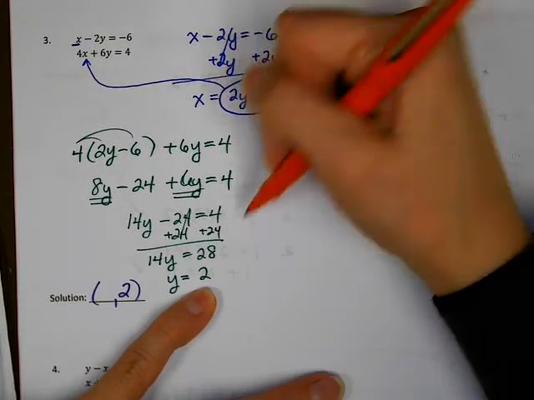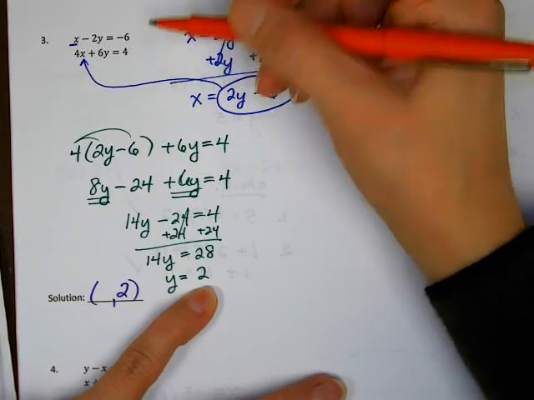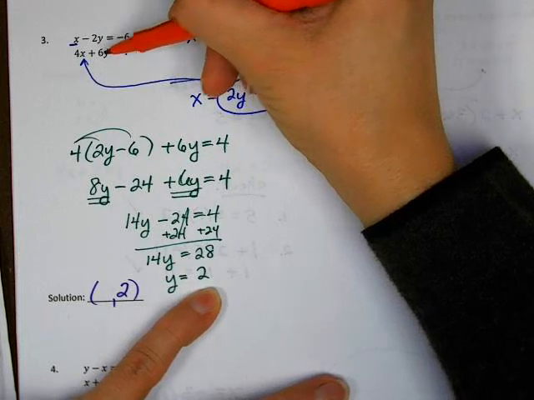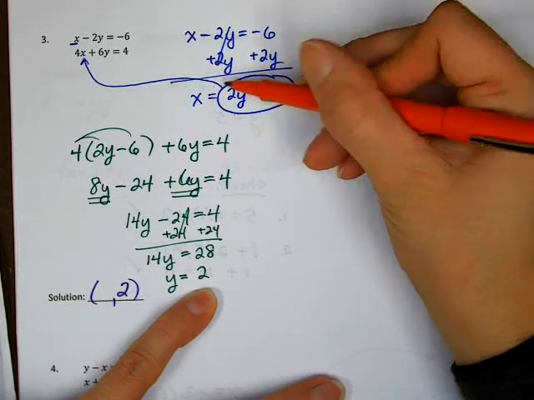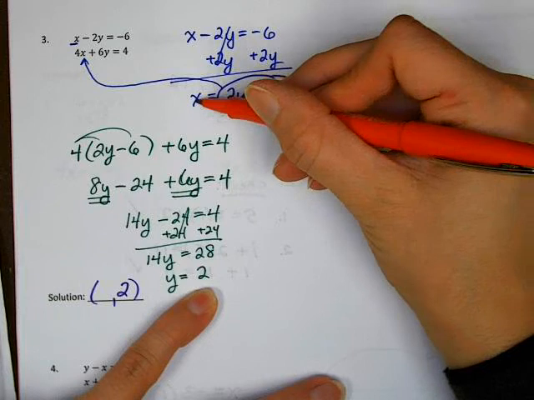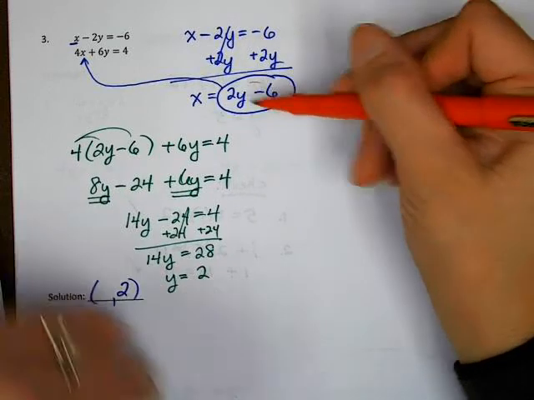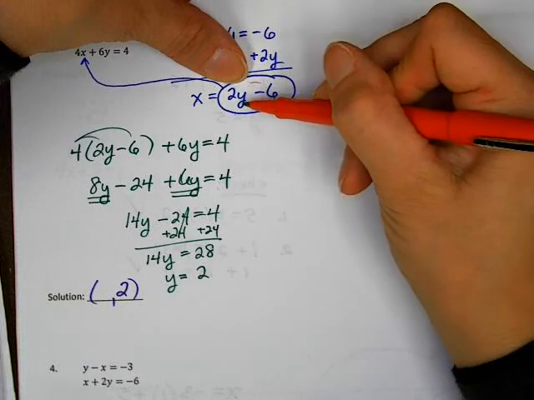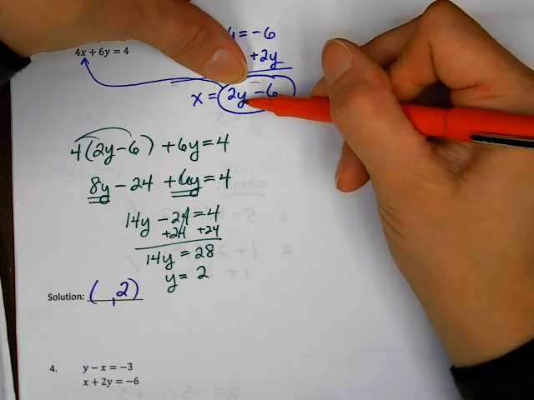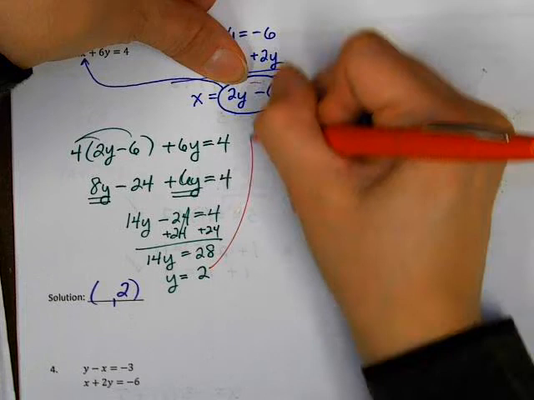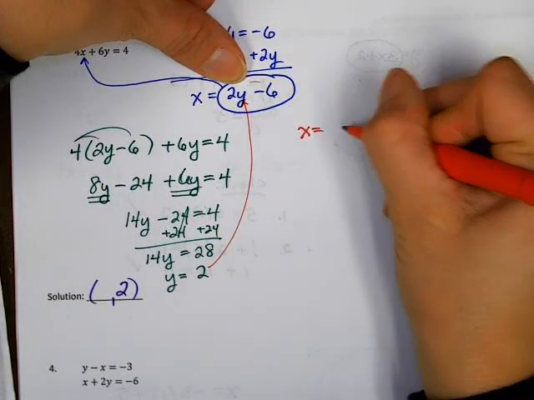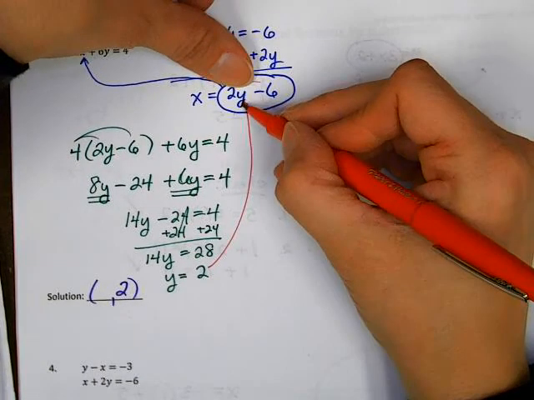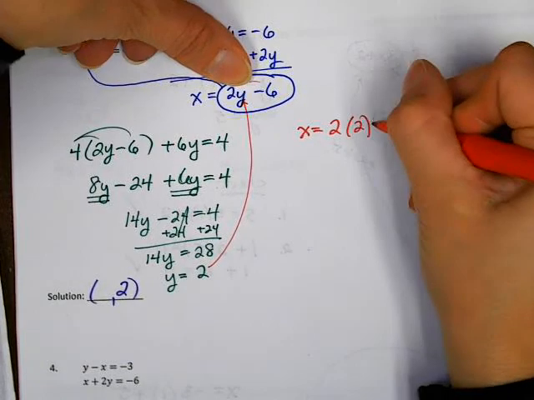You are technically allowed to go anywhere you want. You could put the y number there or there, but this is always the easiest place. Whatever you circle, x equals, x is equal to this number. If I just replace 2 for the y, we're going to put that in right there. x equals 2 times the y number, 2, minus 6.